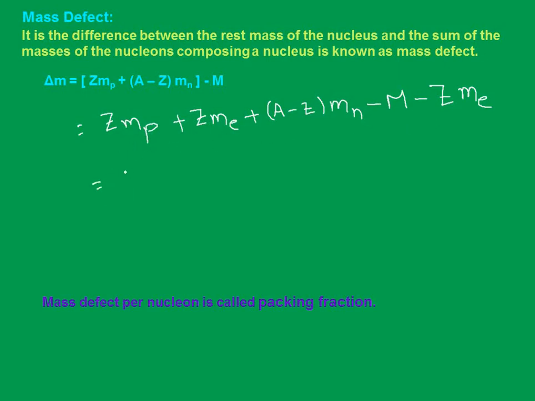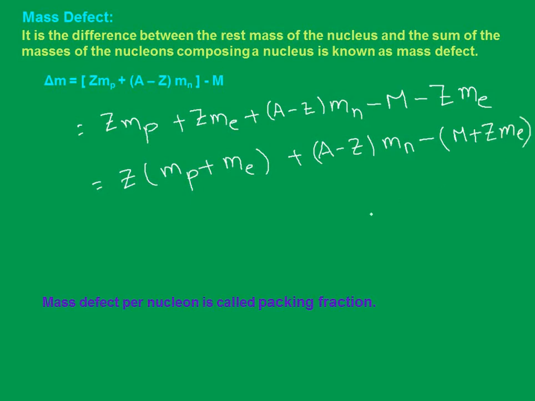Now look at the first two terms. Can I take Z as common? If I take it out, it will be the mass of the proton plus the mass of the electron, plus A minus Z into Mn, the mass of the neutron, minus, taking minus common, M plus Z into Me. That's it, right? What do you mean by the mass of the proton plus the mass of the electron? One proton and one electron is nothing but the mass of a hydrogen atom, isn't it?